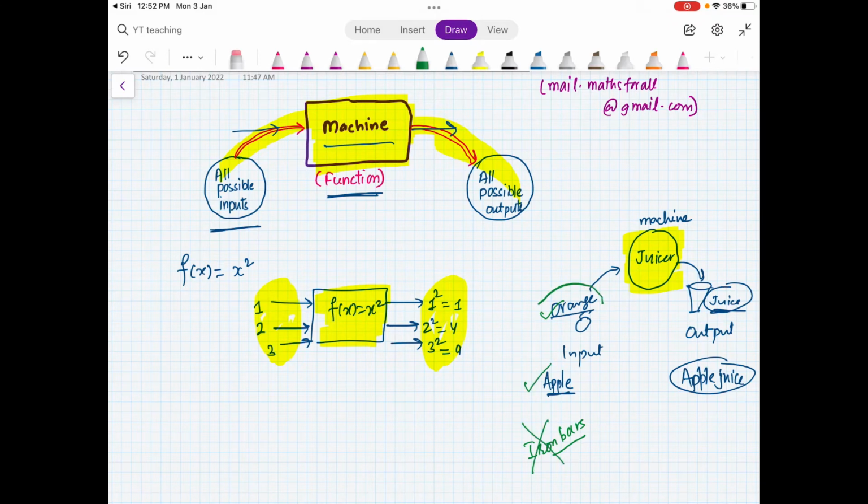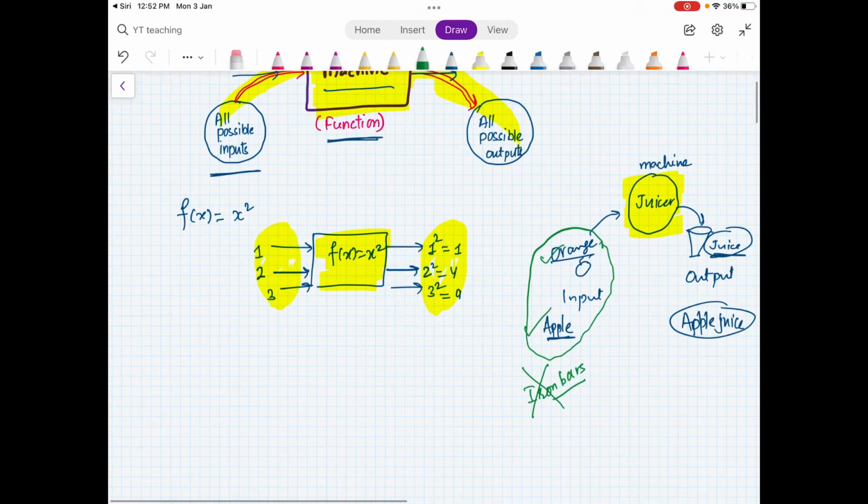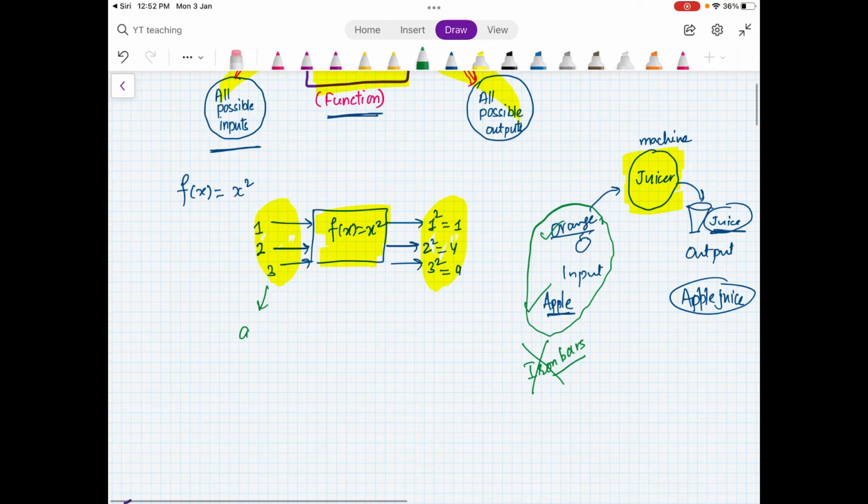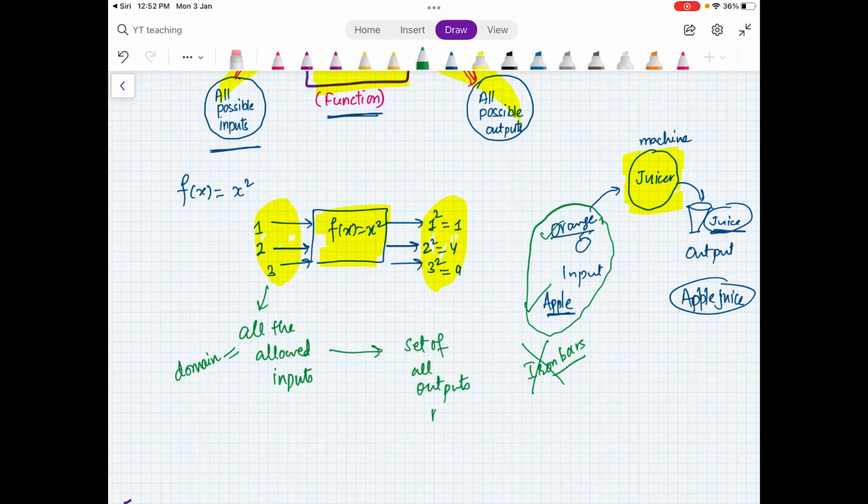All the allowed inputs are called the domain. And correspondingly, the set of all outputs is my range.